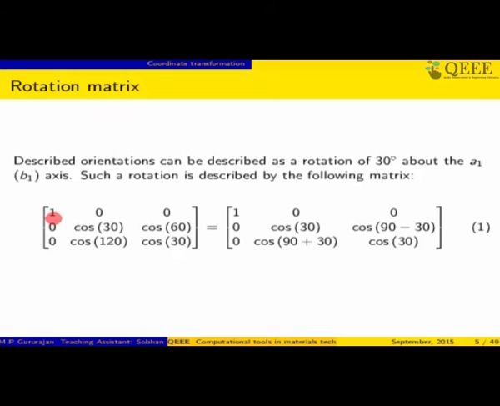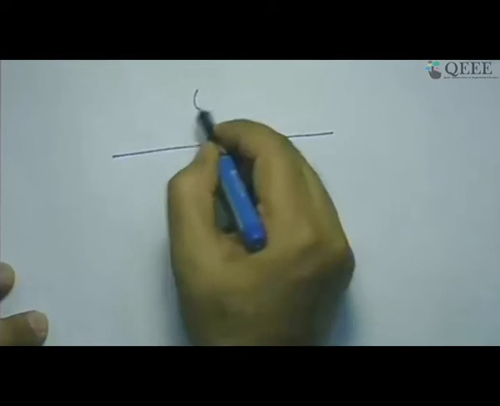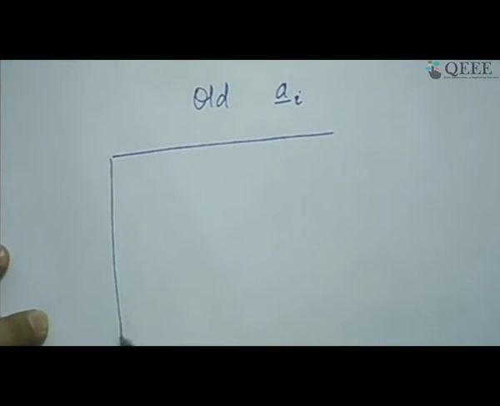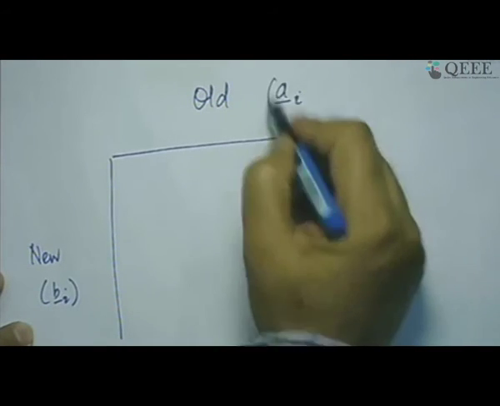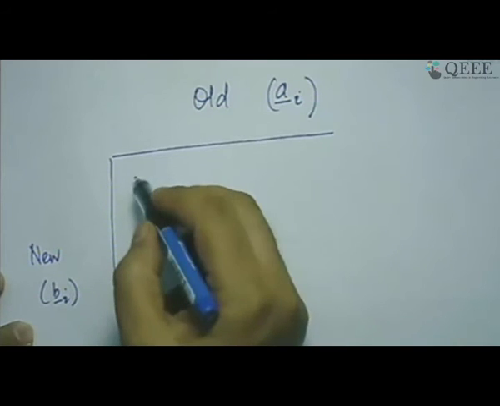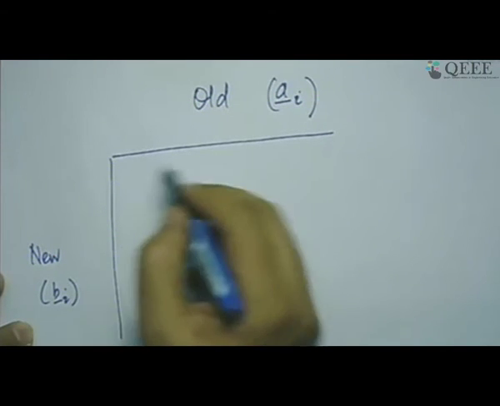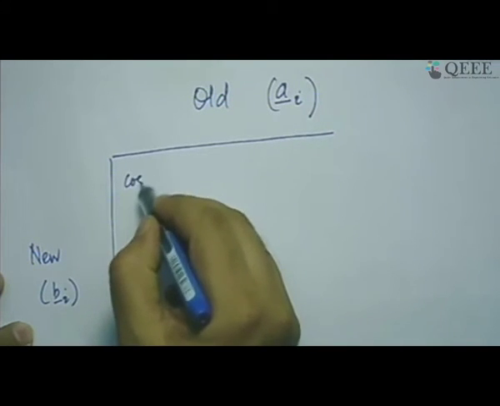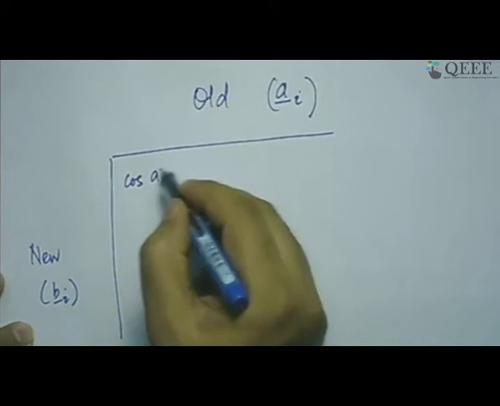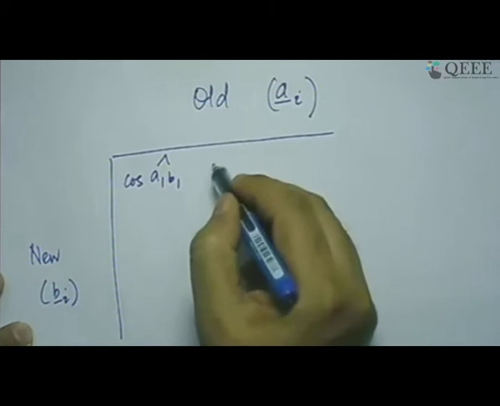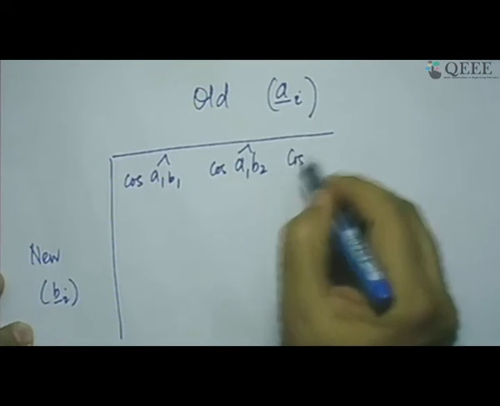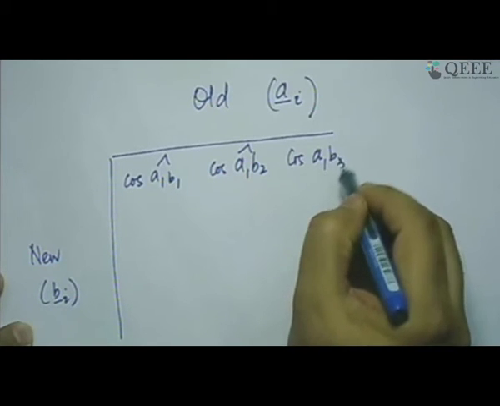If you have an old frame of reference, like our Ai frame of reference, and some new frame of reference, like our Bi frame of reference, then the matrix entries are the cosine of the angle A1 versus B1, cosine of the angle A1 versus B2, cosine of the angle A1 versus B3.